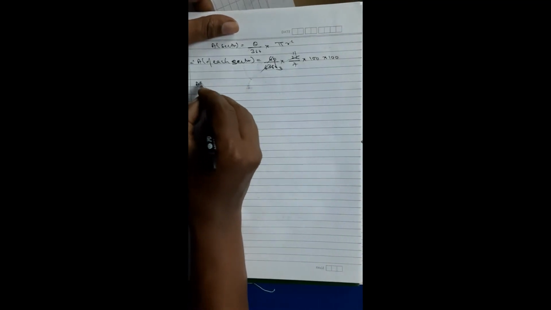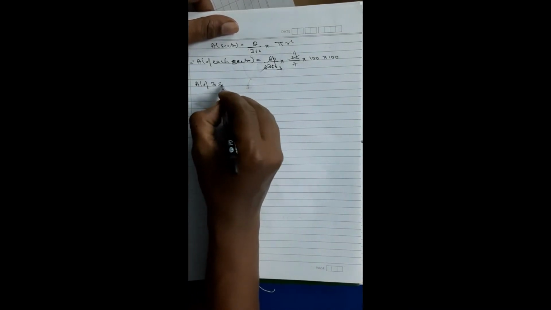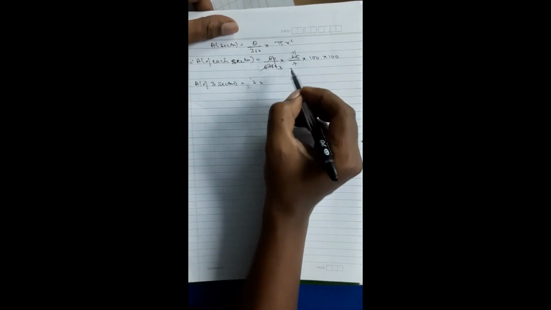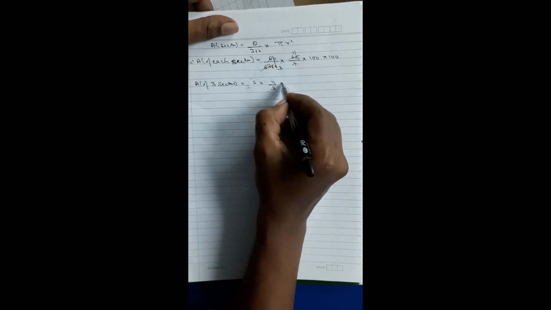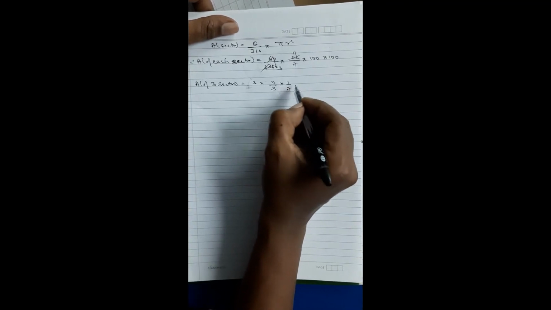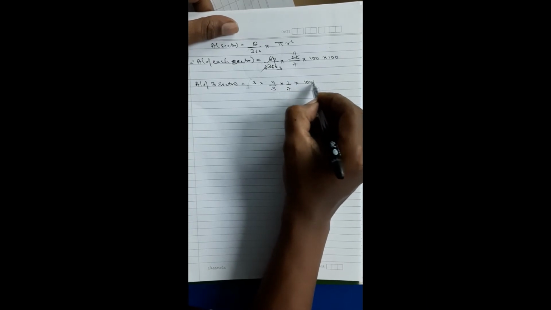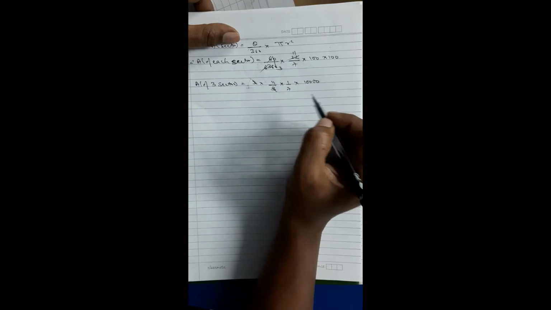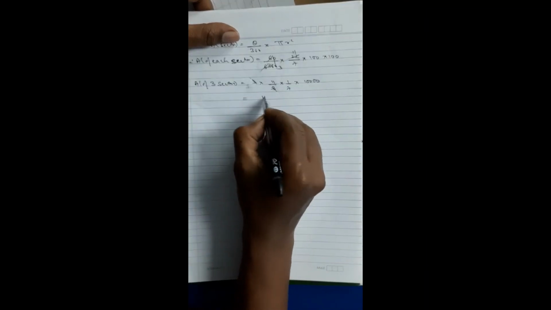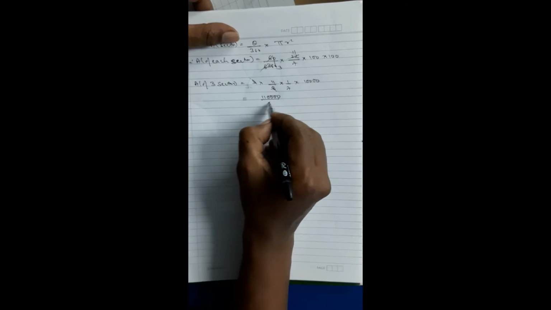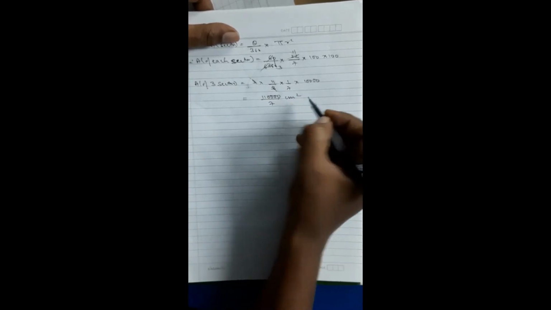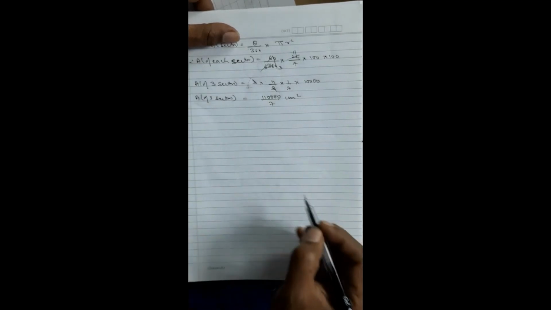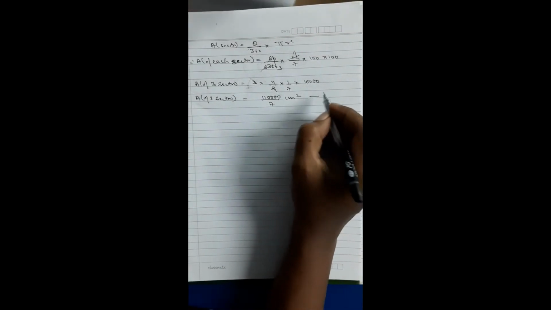Then we will tell, therefore area of 3 sectors is equal to 3 into 11 upon 3 into 1 upon 7 into 3 4. Fine. 3 and 3 cancel. 11 upon 7, that is equal to 11 1 2 3 4 upon 7 centimeter square is the area of 3 sectors.